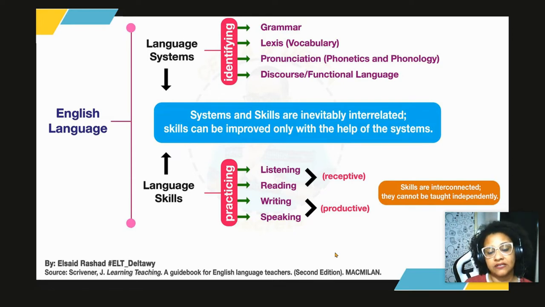Yeah, so I identify, I know the language, and then I put it in practice through my skills.